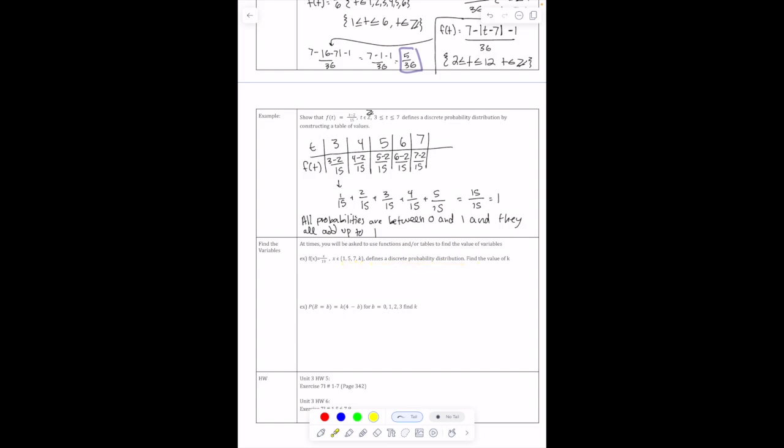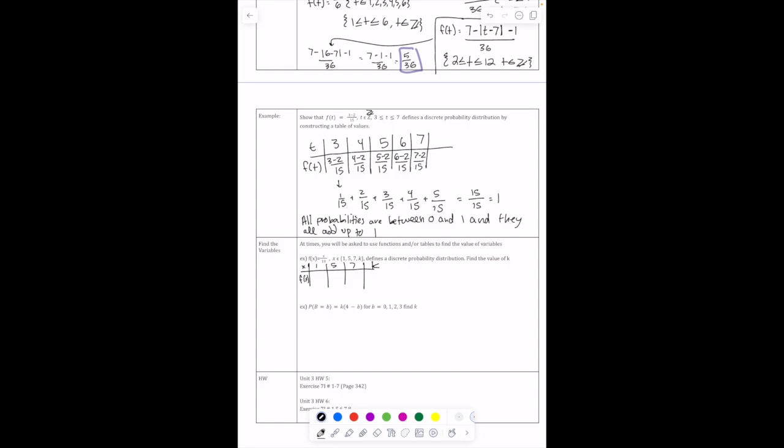So we need to find the value of k. Our inputs are 1, 5, 7, and k, and we need to show that it's a probability distribution function.